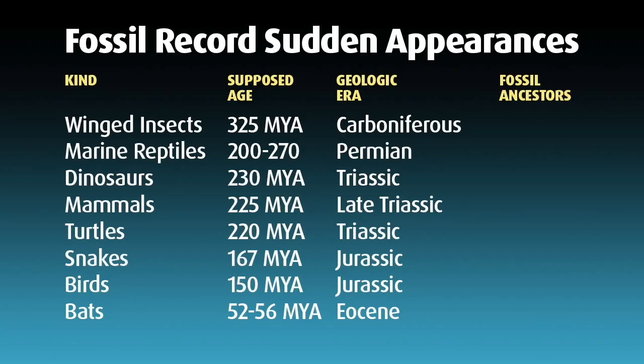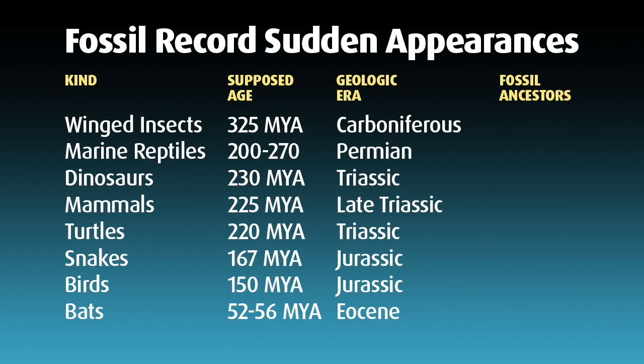And then other sudden appearances. Winged insects are supposedly from 325 million years ago in the Carboniferous era. Marine reptiles all of a sudden appear around 200 to 270 million years ago. Dinosaurs appear somewhere around 230, 250, whatever.